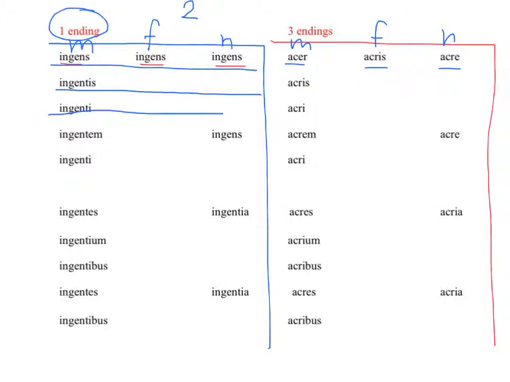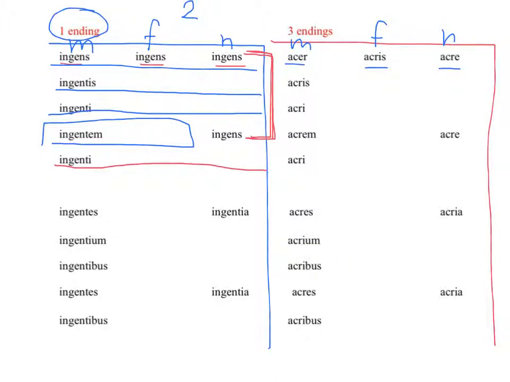The datives are all exactly the same. The accusative is the same for the masculine and feminine, but then, of course, like all accusatives in the neuter, it goes back to copying the nominative form. And then all the forms in the ablative are the same. Note that they end with an I, not an E. These adjectives follow the pattern of third declension I-stems.